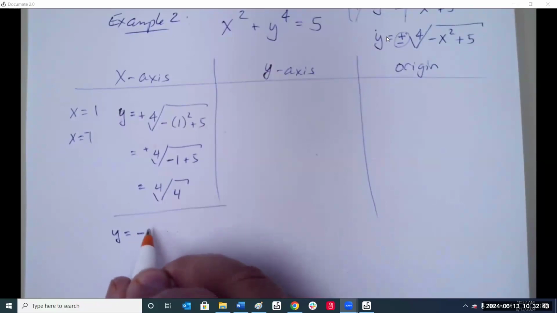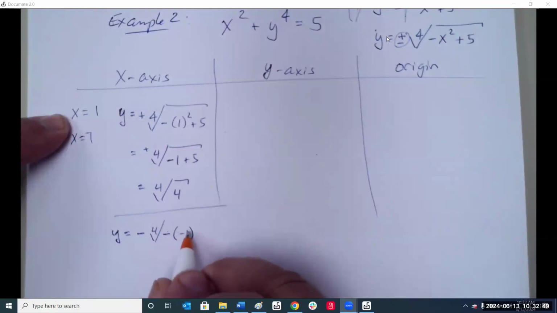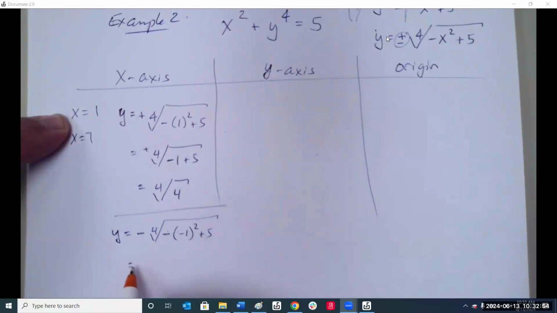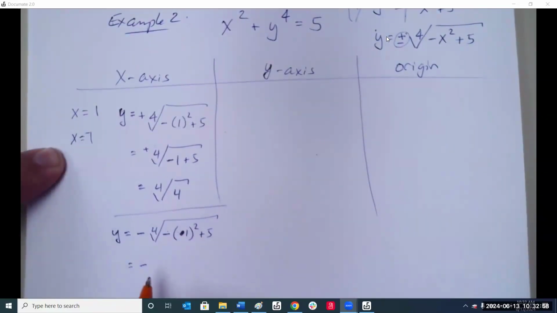Now we put it in the same one in the negative. Negative 1 squared plus 5. It's positive 1. Negative 1 plus 5.